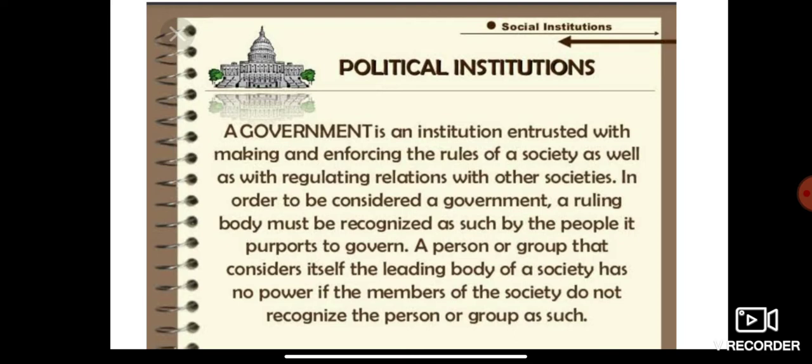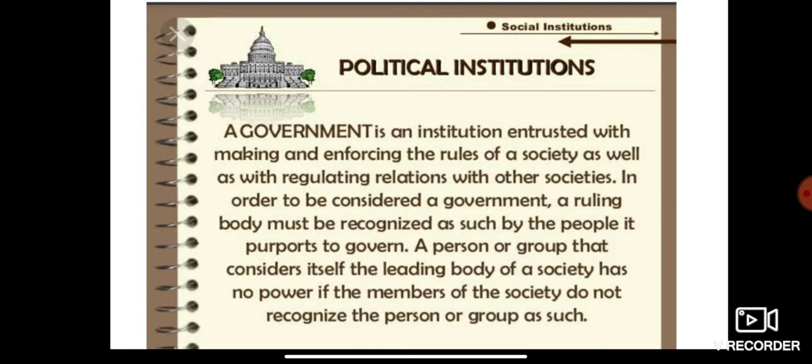In order to be considered a government, a ruling body must be recognized as such by the people it purports to govern. A person or group that considers itself the leading body of a society has no power if the members of the society do not recognize the person or group as such.